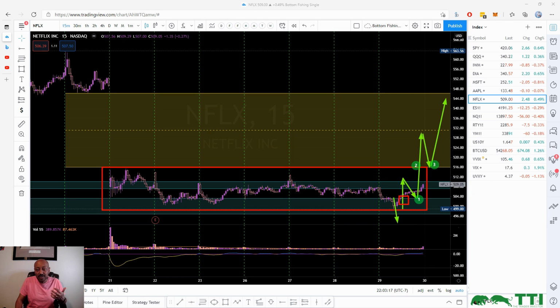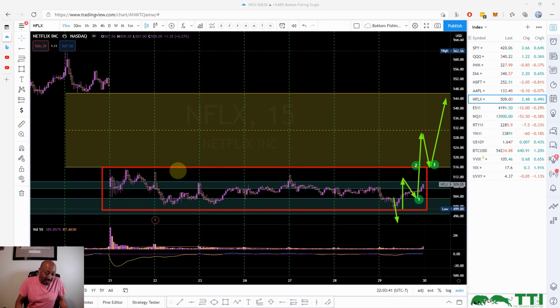It's valid, but know that you have a higher probability of being stopped out, because sometimes we don't know the exact terminal shakeout. So until they show us this structure is broken and this is now tested as support, we don't know that terminal shakeout has happened.